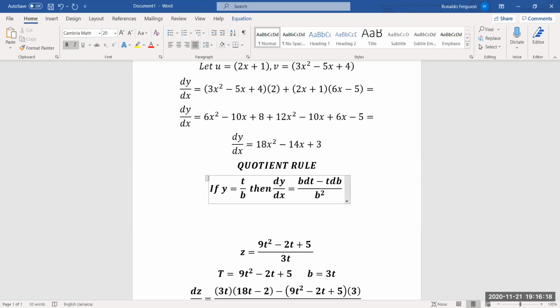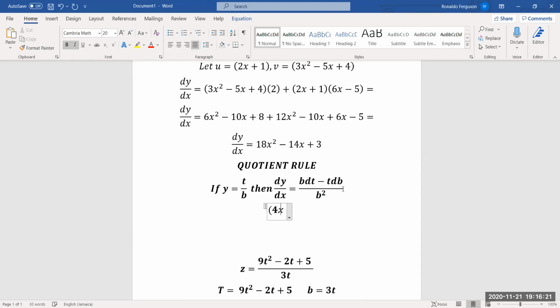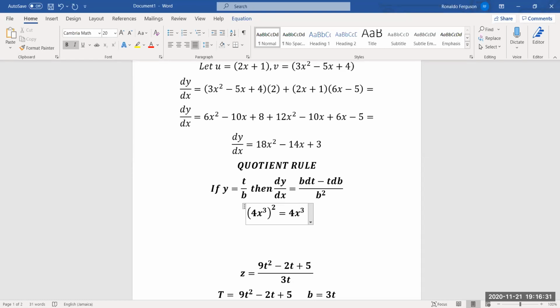So let's say you're squaring 4x cubed. 4x cubed all squared means you're multiplying 4x cubed times 4x cubed. You have to add the two cubes. Very good, yes. By laws of indices, we add the powers. So you get 16x to the 6.